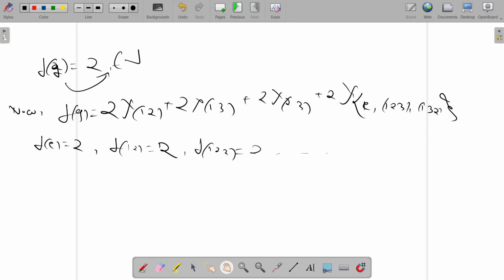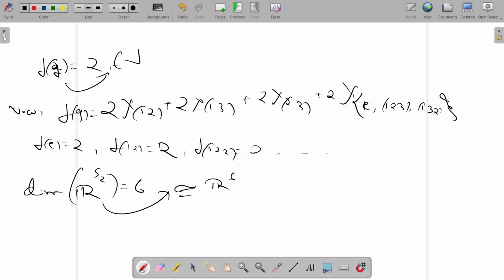Now if we write in terms of the whole space, since the dimension of R S3 is 6, this is isomorphic, since it's finite dimensional, to R6.